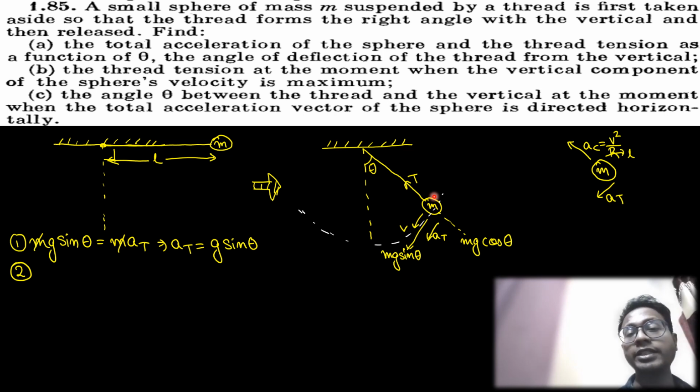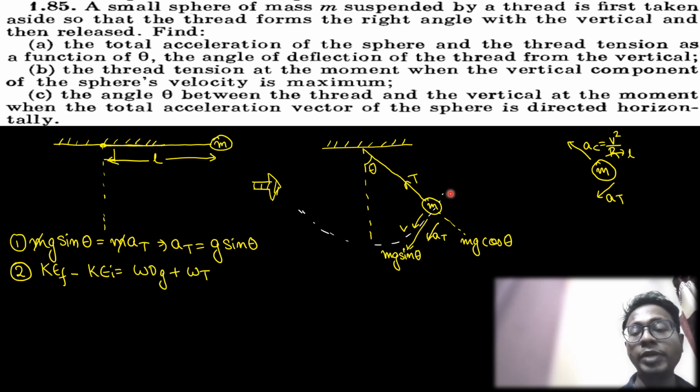Change in kinetic energy is equal to work done by all the forces. So final kinetic energy minus initial kinetic energy is equal to work done by gravity plus work done by tension. In pendulum motion, work done by tension is always 0.